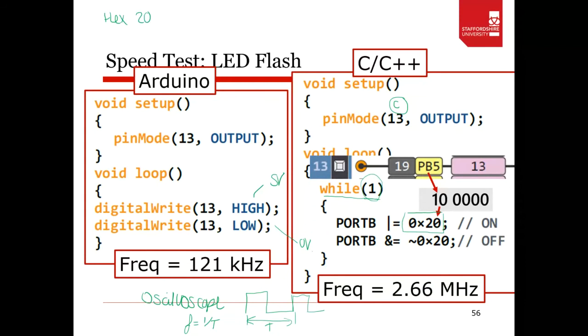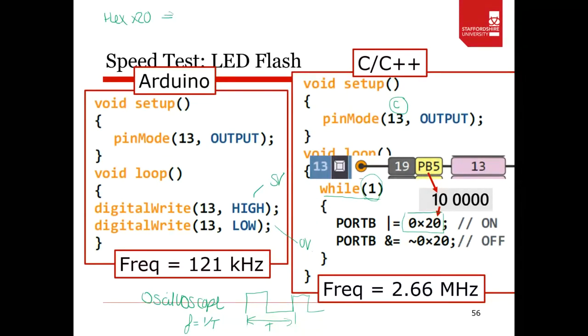Hex 20 equals 0 0 1 0 0 0 0 0, and then the bit positions 0, 1, 2, 3, 4.